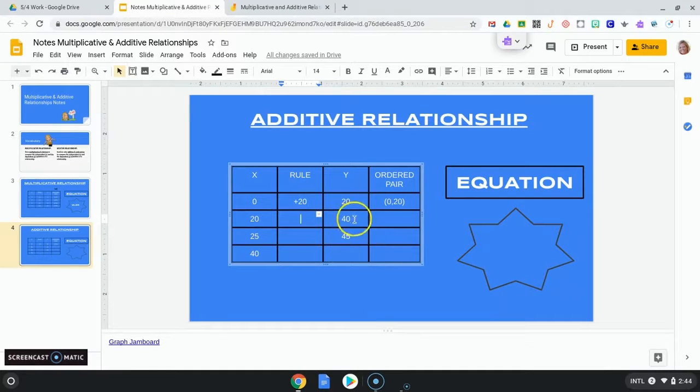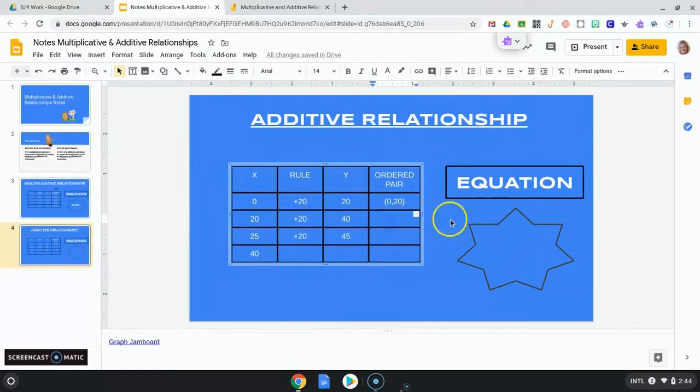Well, if I did 40 minus 20, my answer would be 20. So to get from x to y, again, I'm adding 20. And then here, to figure out if this is all staying the same, I would do 45 minus 25, which would also give me 20. So again, to go from x to get my answer y, I'm adding 20 here.